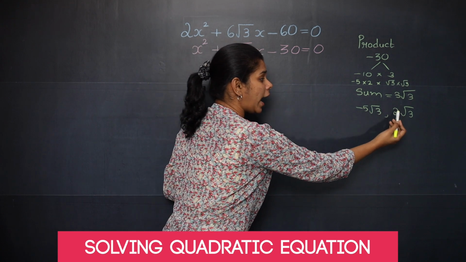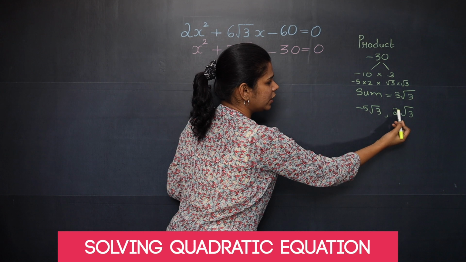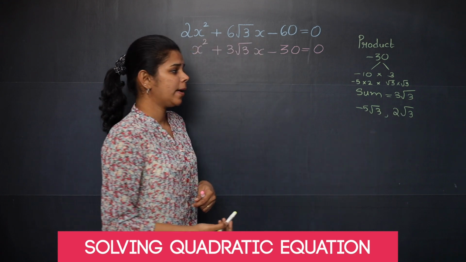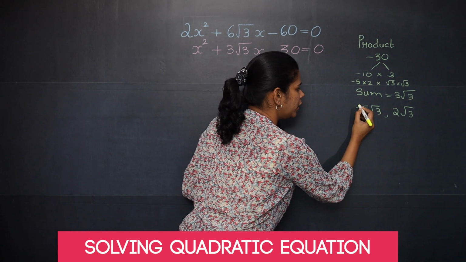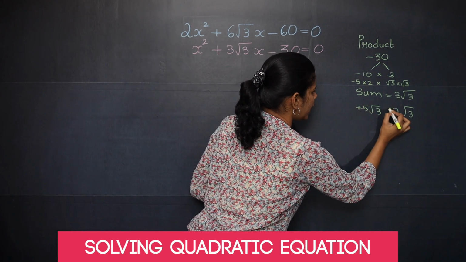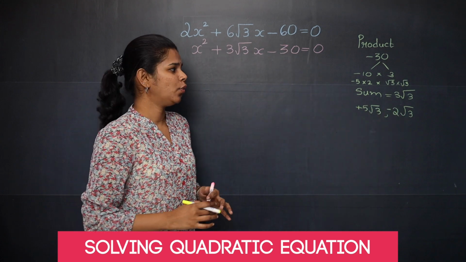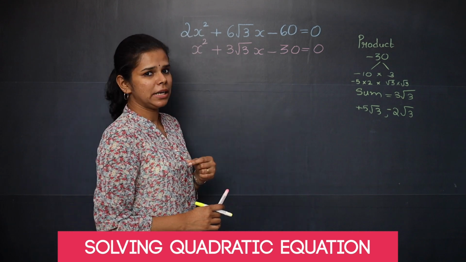But when you add, what will you get? You will get −5√3 + 2√3, which is −3√3. So what you need to do, you will take positive 5√3 and negative 2√3. So in that case, you will get it all correct. Now I am going to split the middle term.